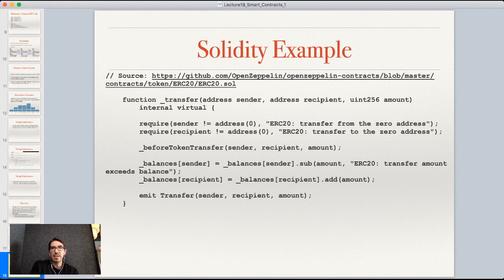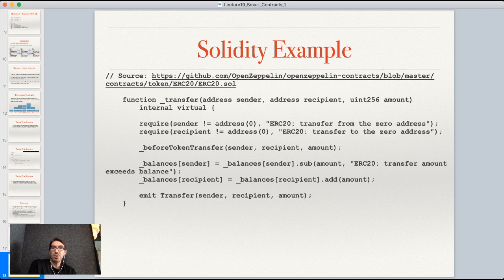You can see that we check that we're not trying to transfer to or from the 0 address, we're going to do everything that has to happen before a token transfer. Then we subtract the balances. The before token transfer includes checks, some of the checks like what I discussed in our simple state transition function earlier.